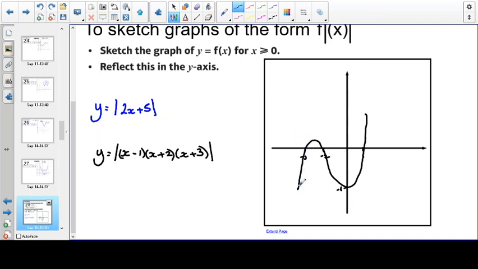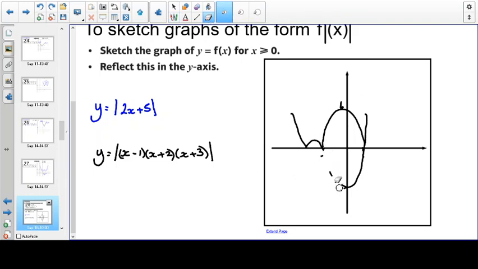So this bit is going to come up and reflect like that, and then this bit is going to come up and reflect like that. That'll go through 6, and then that bit needs to get rid of. So it'll look like that. So they can look a bit odd.